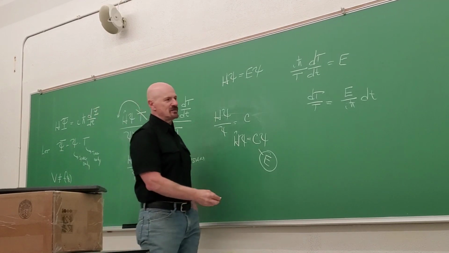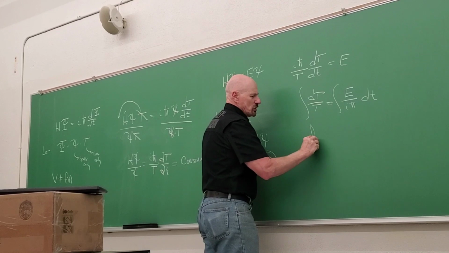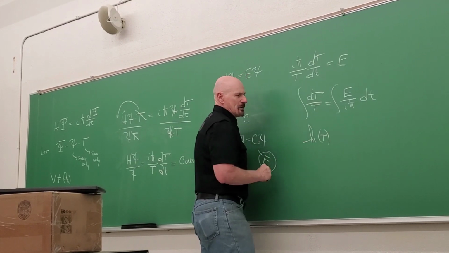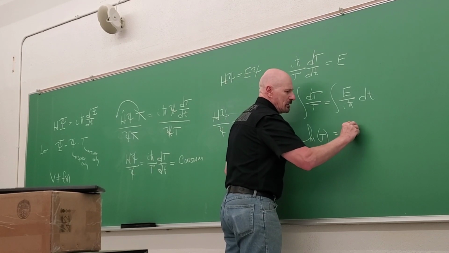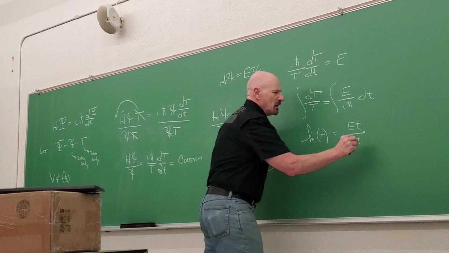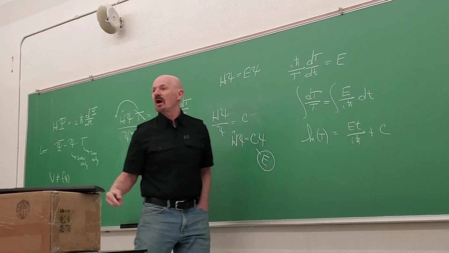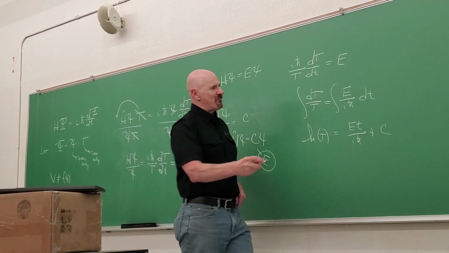Right, T's on one side and the little t's on the other. I integrate indefinitely, so I have the natural log of T equal to Et over iħ plus a constant of integration. All right? Manipulating to get the T, I have my answer.